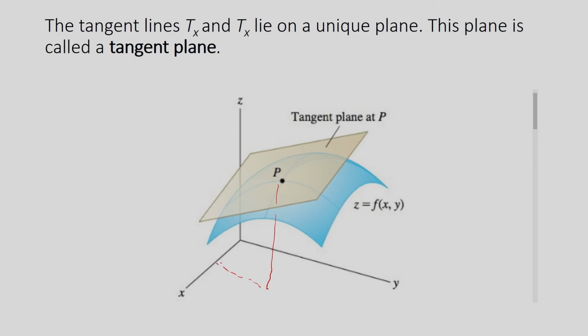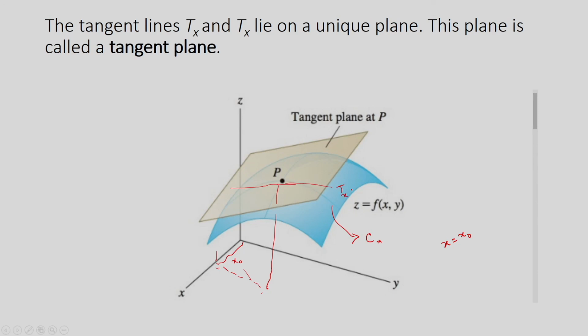So, suppose this is x 0, then here you can imagine similarly another plane x is equal to x 0, and that plane will have an intersection with this surface, and that curve will be C x, and similarly you will have a tangent which is T x.